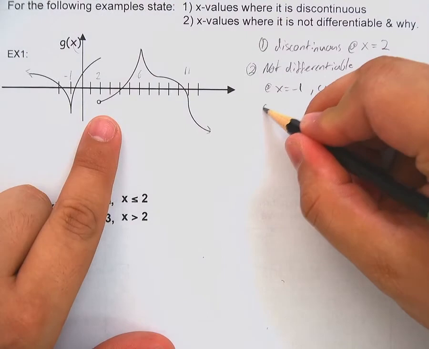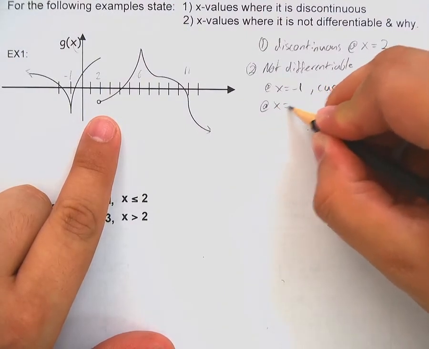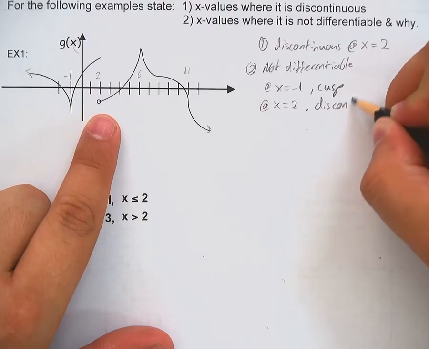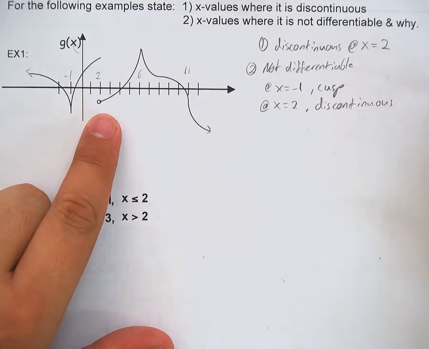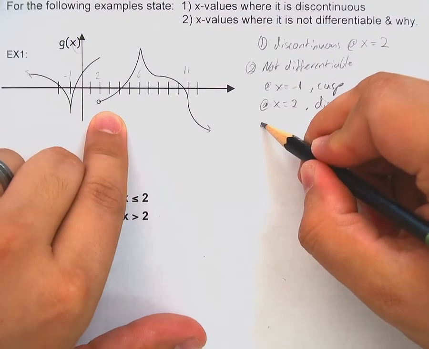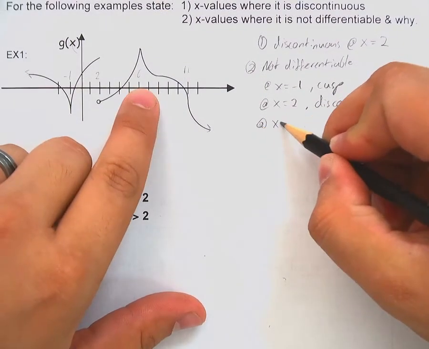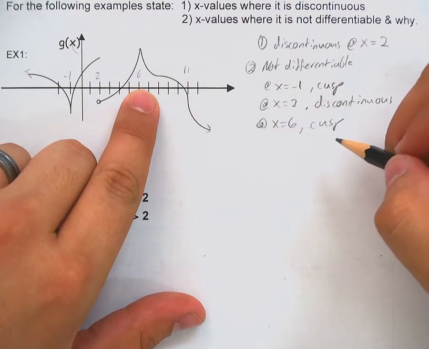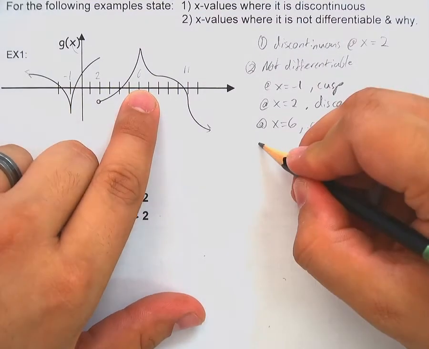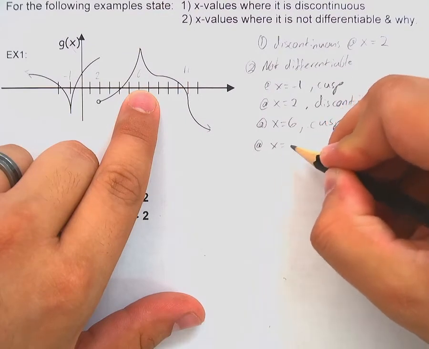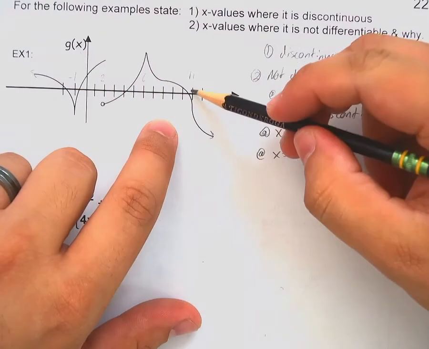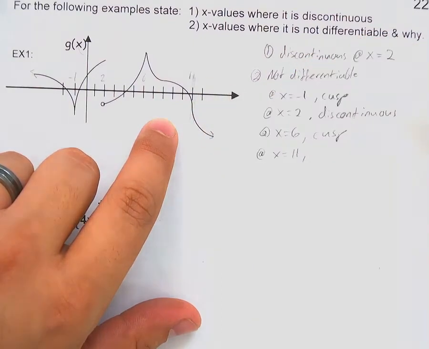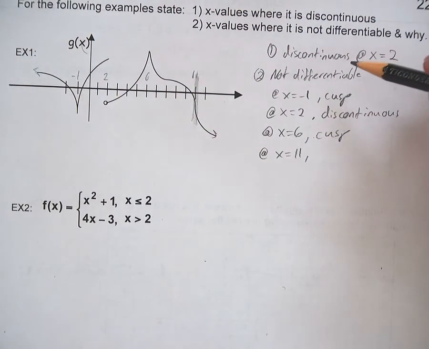Not differentiable at x equals 2, because it is discontinuous here. It is not differentiable at x equals 6 because it's a cusp. It's a sharp turn, right? And it's also not differentiable at x equals 11 because at x equals 11 right here, it seems like we are going to have ourselves a vertical tangent.